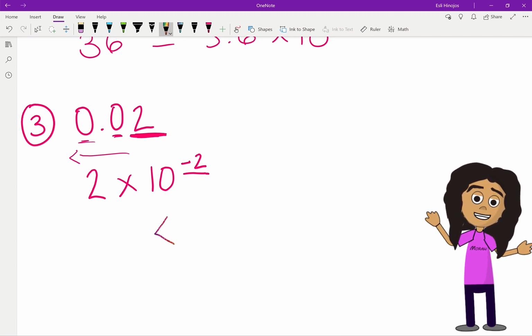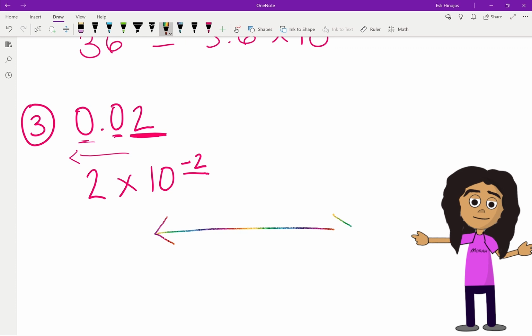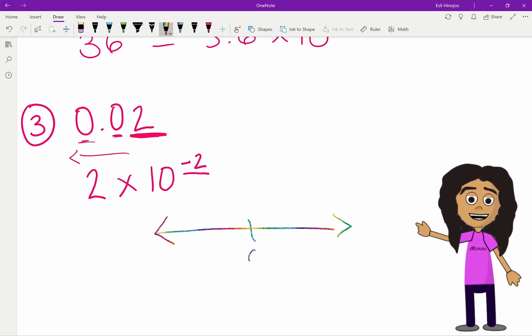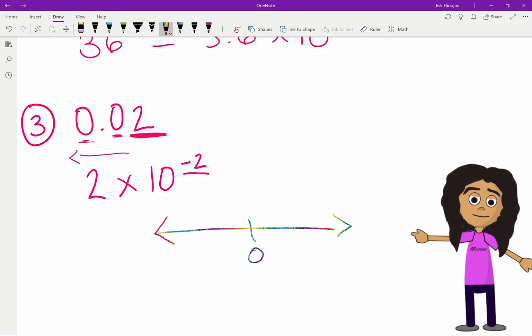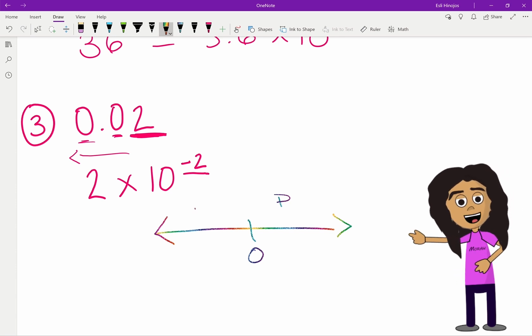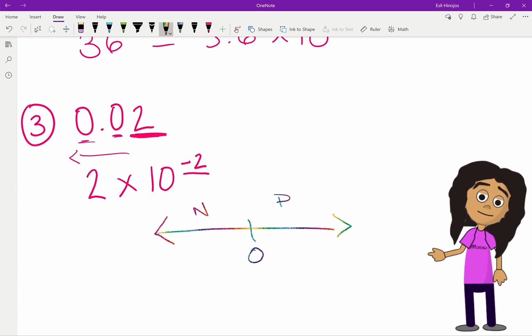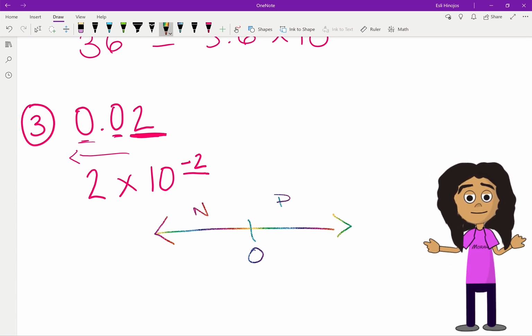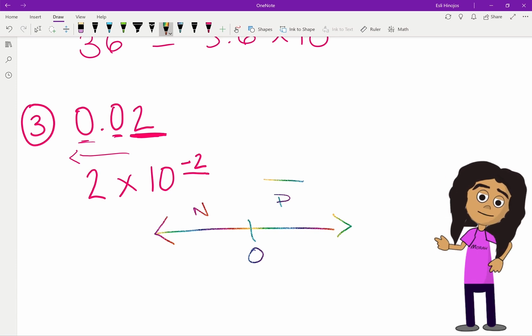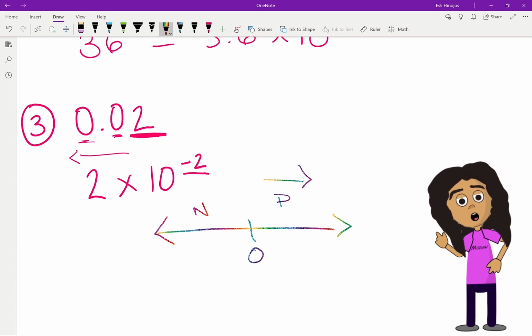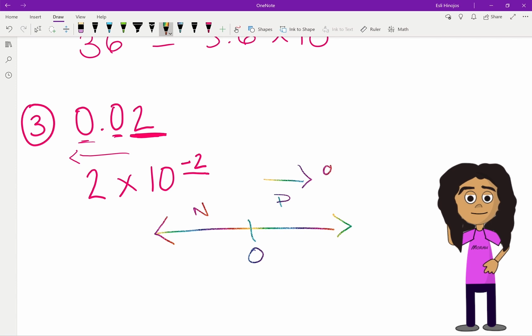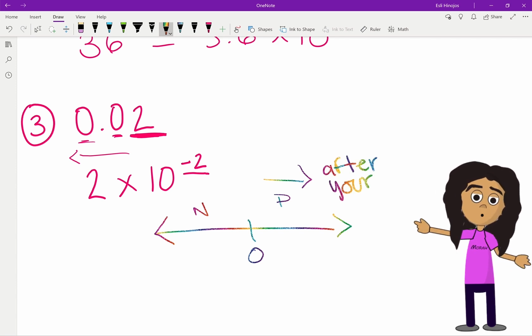She explained something about the number line: if you're going one way, your exponent is positive, and if you're going to the left, your exponent is negative. Don't tell her, guys, because she's going to fire me.